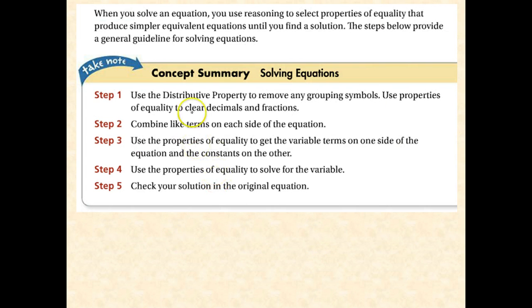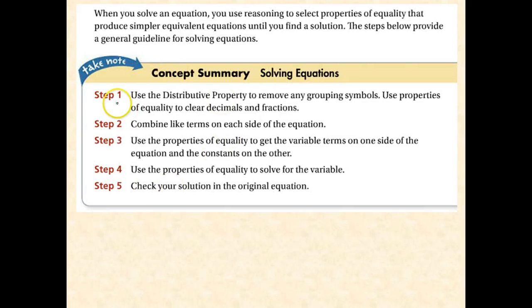So here's a little summary. In general, you can follow these steps. Start off with the distributive property to remove any grouping symbols. Also, you can use properties of equality to clear decimals and fractions. Clearing decimals, you're multiplying by 10 for every decimal place. And clearing fractions, you're multiplying by the common denominator.